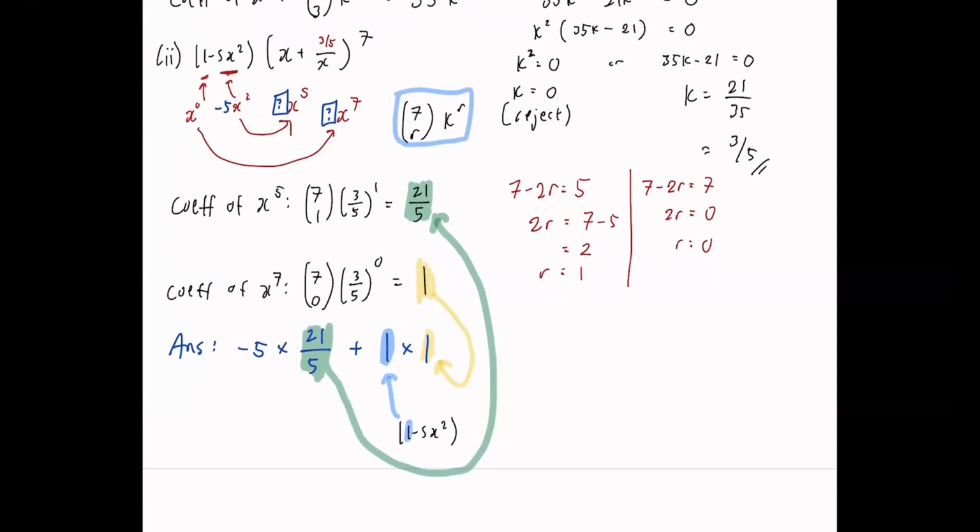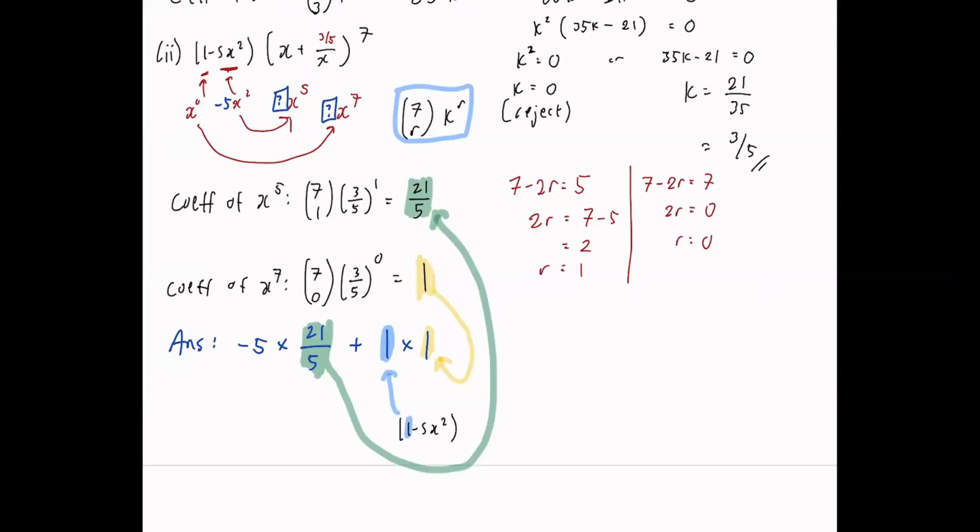And this negative 5 is from 1 minus 5x squared. Yeah, color code it with, I don't know, purple. Negative 5x squared. Then type in your calculator, I think I get negative 21 plus 1, which is negative 20.